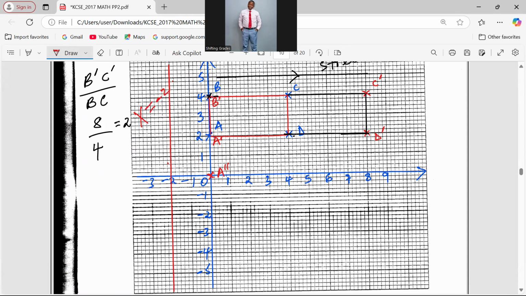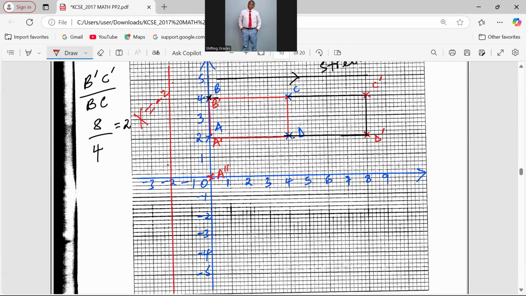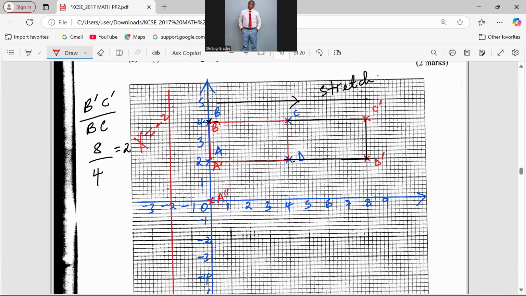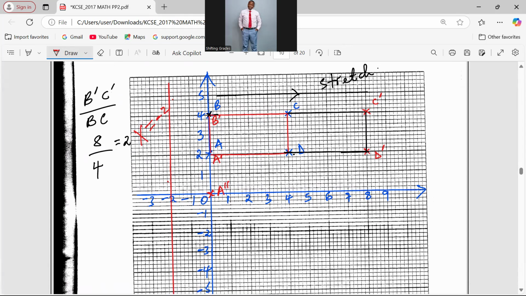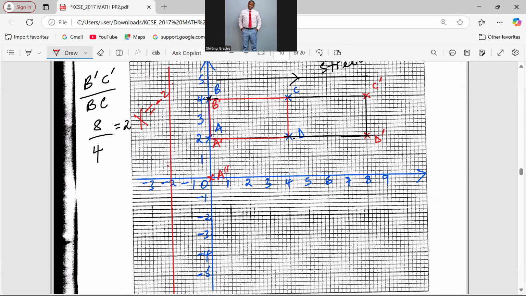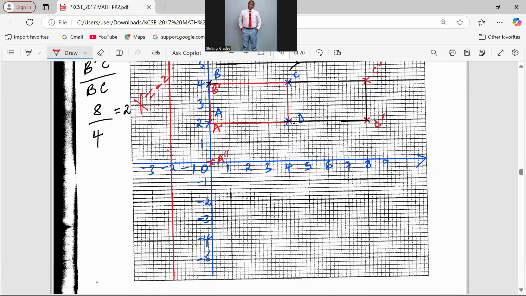Now, what we are supposed to know is that during a shear, the points in one line will move towards a certain direction. Therefore, if along the line which has A and B, A moves by 2 units, then B will also move by 2 units, and B prime will come here.